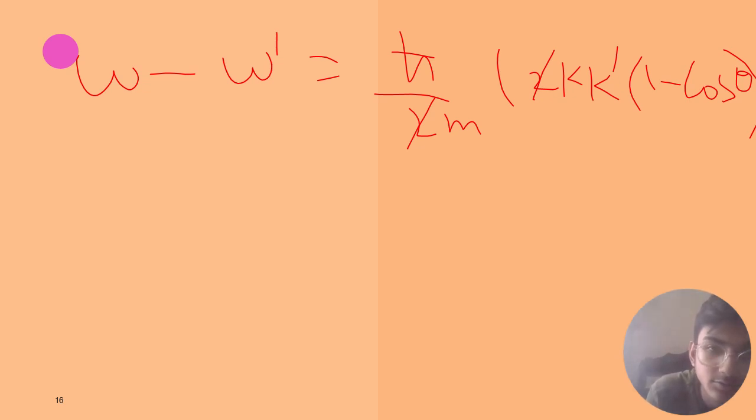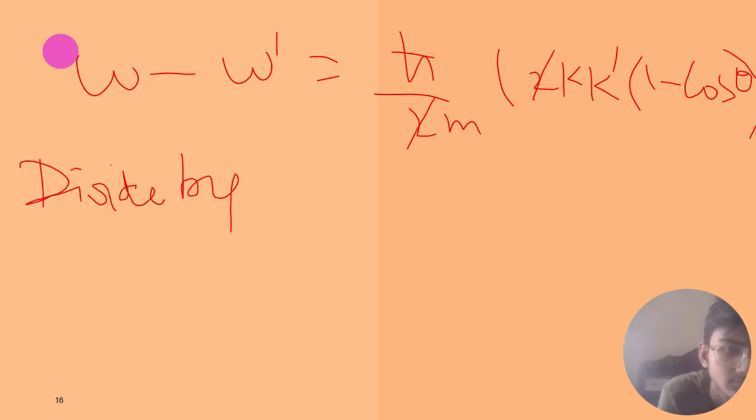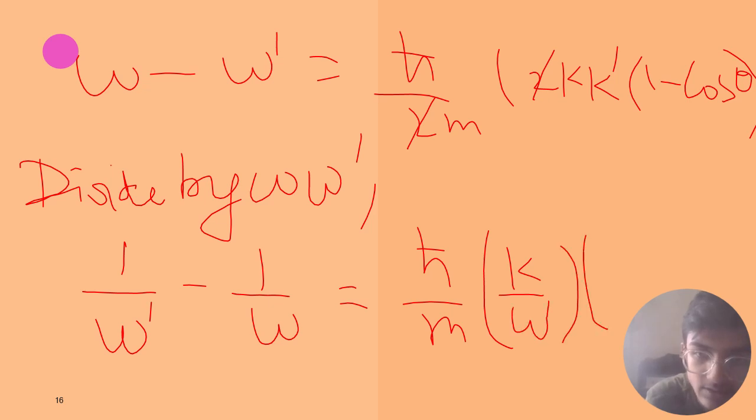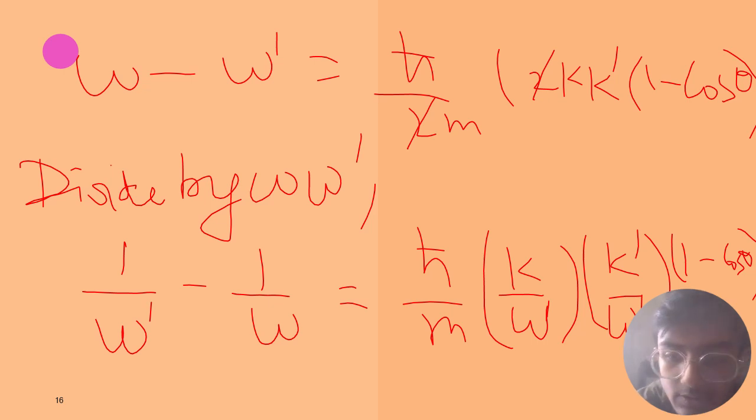Now what we have to do is divide this equation. 1 by ω' minus 1 by ω is equal to ħ by m, k by ω, k' by ω', 1 minus cos theta. One thing you have to understand, here we are more concerned about photon, so we'll use its speed, that will be c.